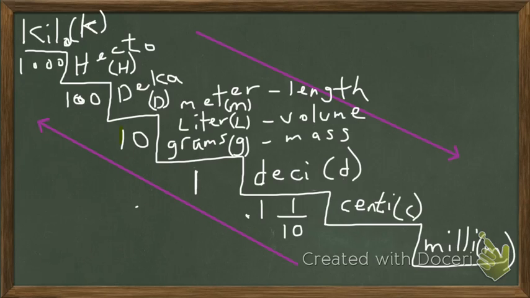Cents. Centi, cents. How many cents make a solid dollar? 100. So it's 0.01, which is 1 over 100. And then milli, 1,000. So it'd be 0.001 or 1 over 1,000.